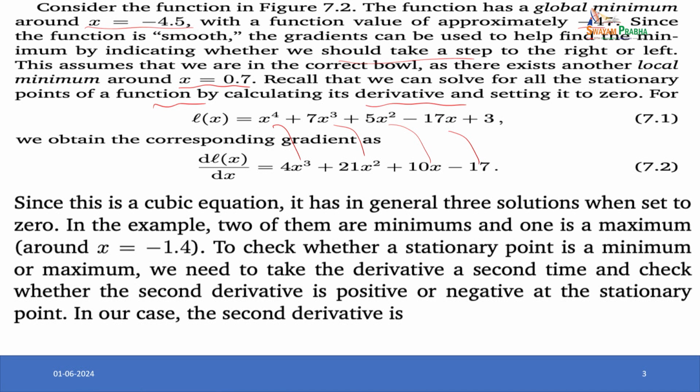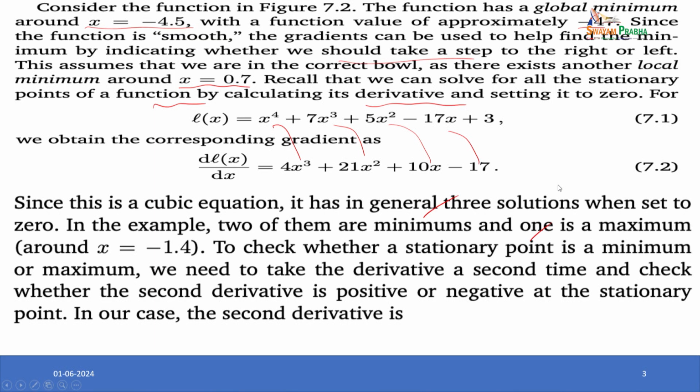When set to 0, 2 of them are minimum and 1 is maximum. Whether the point is a stationary point, a minimum or maximum, we need to take the derivative a second time and check whether the second derivative is positive or negative. If the second derivative is negative, then the function is maximum. If the second derivative is positive, then the function is minimum at the stationary point.